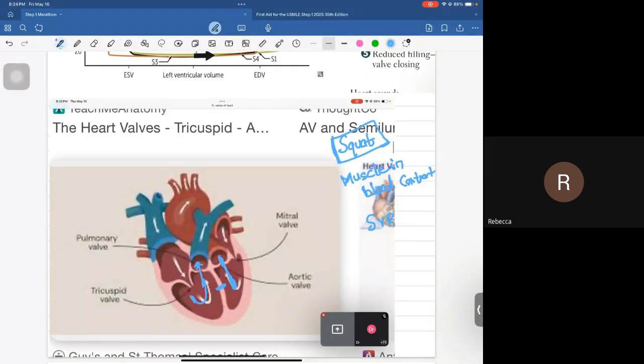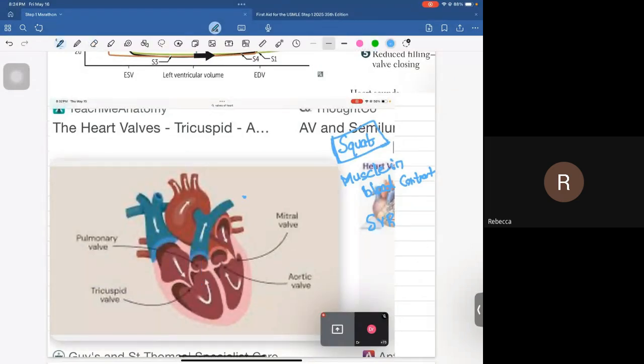So the aorta will give less resistance in the tetralogy of Fallot, and the pulmonary artery will give greater resistance. As a result, all of the blood goes to the aorta instead of the pulmonary artery, and the blood does not get oxygenated, and it causes a lot of problems. So this is the pathophysiology of tetralogy of Fallot.